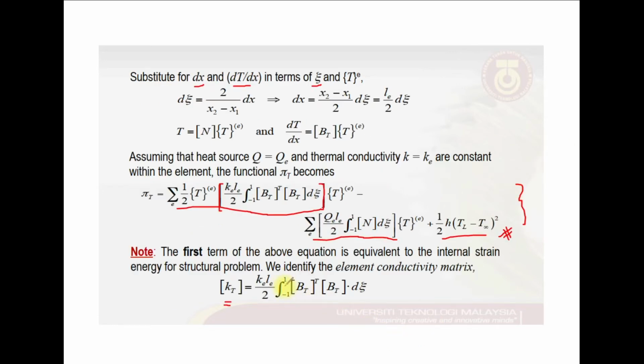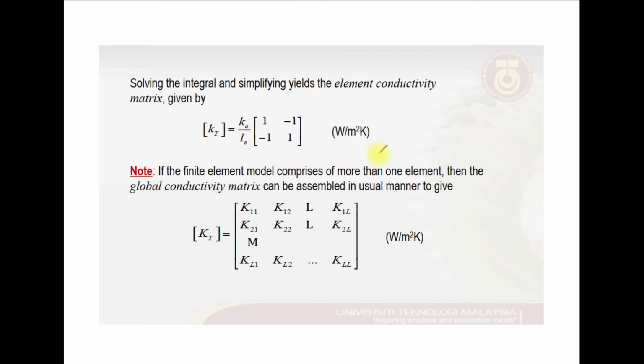Solving this integration from z equal to -1 until z equal to 1 means we are integrating within our element the term B transpose and B multiplied by dz. Then we should be able to obtain the new expression for the element conductivity matrix, which is given by this simple expression here.